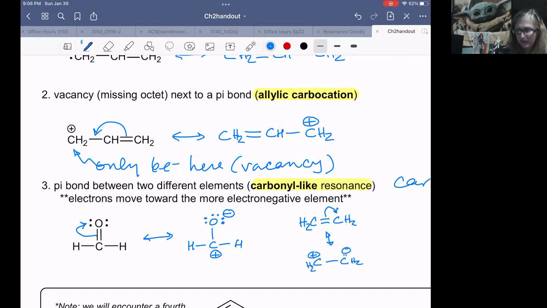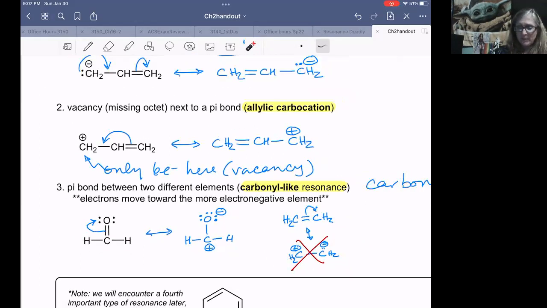I mean, the C plus is okay, but carbon doesn't like having a negative charge. So this is unlikely. It's only when we have 2 different elements that have different electronegativities. There's nothing drawing the electrons toward this carbon, or this carbon, and so in an ordinary carbon-carbon double bond, we wouldn't expect any significant resonance, but a carbon-oxygen double bond absolutely does have significant resonance.